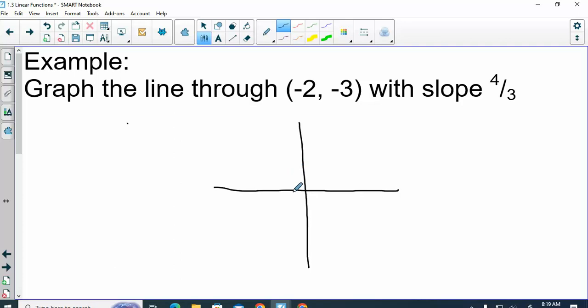Find the point negative 2, negative 3, and go up 4 over 3. So we mark that, and then slope 4/3. So from there, we go up 4 over 3.